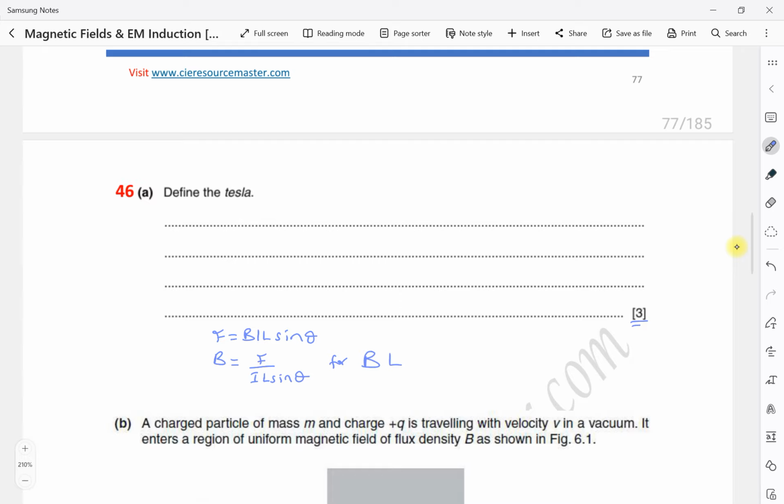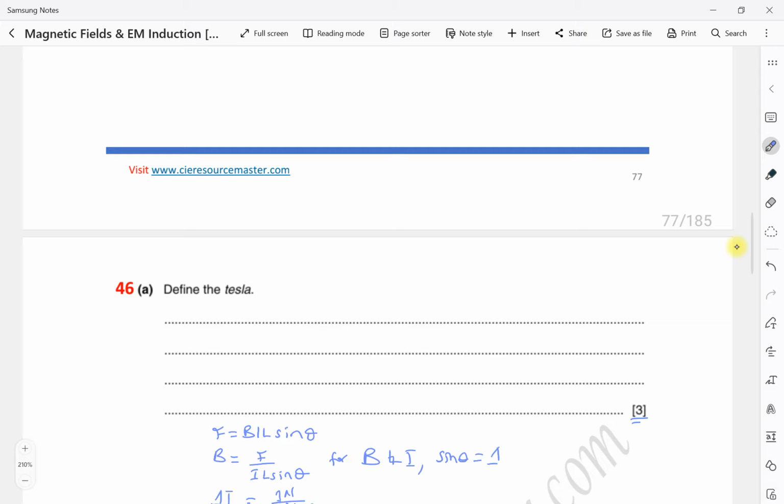If B is perpendicular to the current I, then sine theta is equal to 1. So 1 Tesla will be equal to 1 Newton divided by I, which is 1 ampere, times L, which is 1 meter, if B is perpendicular to I. From that analogy, we can now define the Tesla.